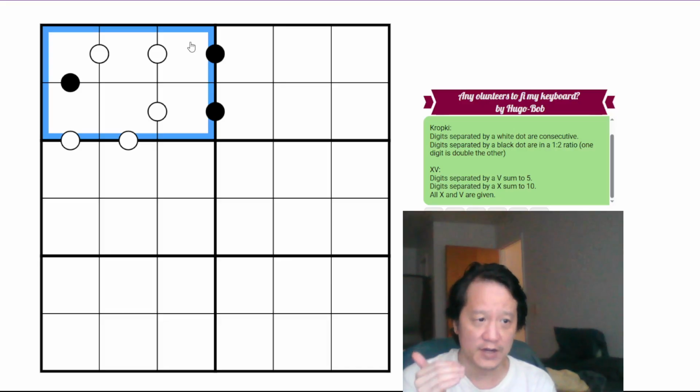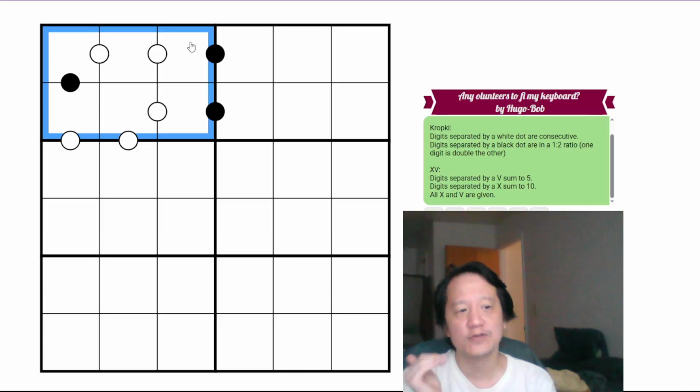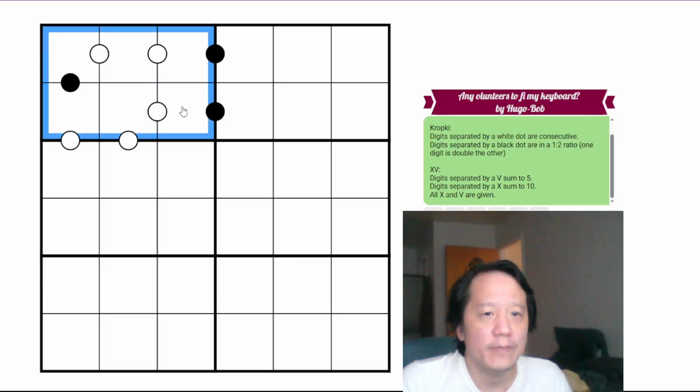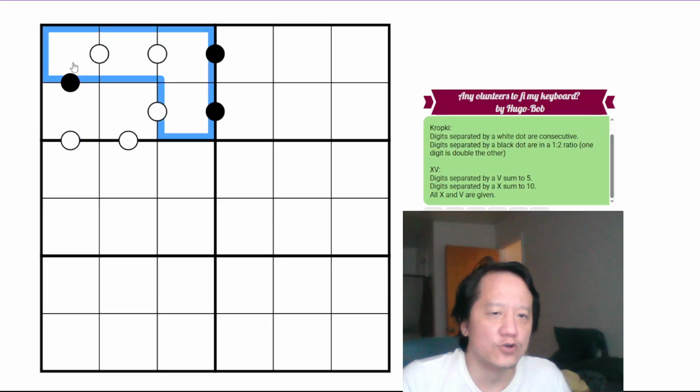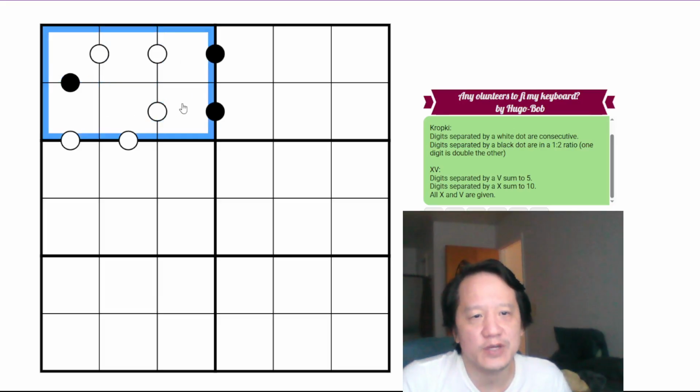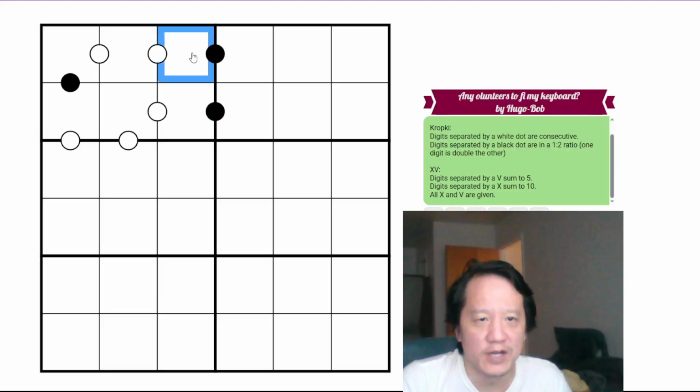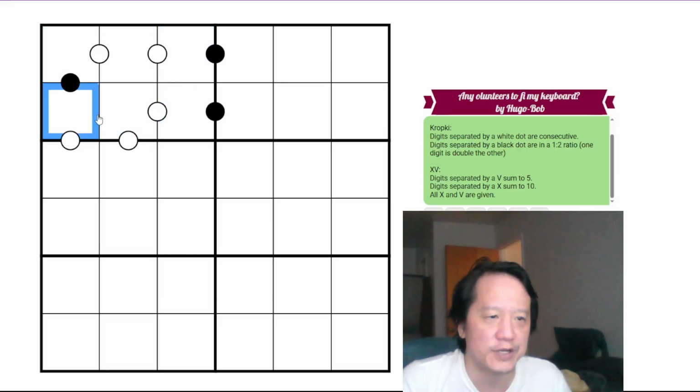If you double 5, you get 10, neither of which are digits from 1 through 6. And that's in normal Sudoku too, because obviously neither 2.5 or 10 are digits, period.